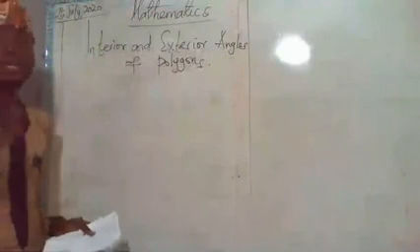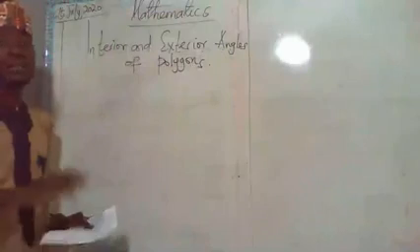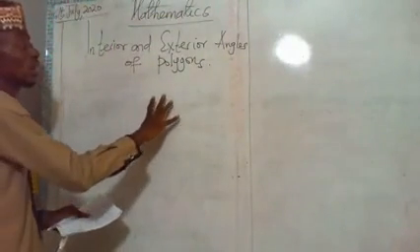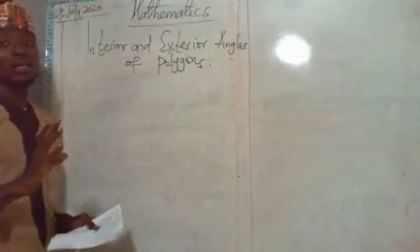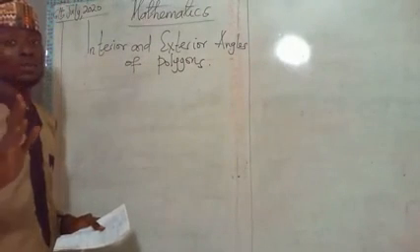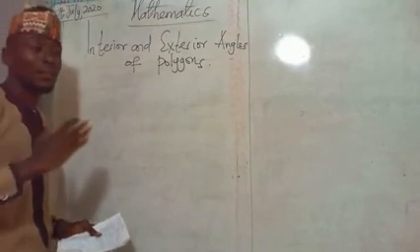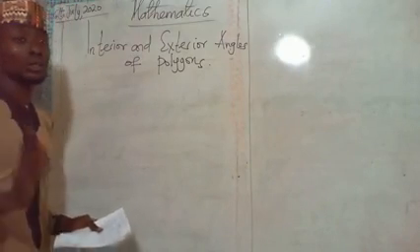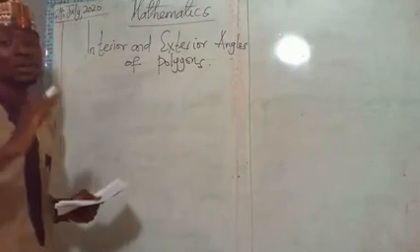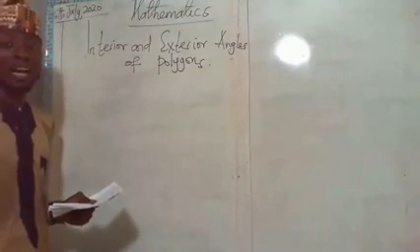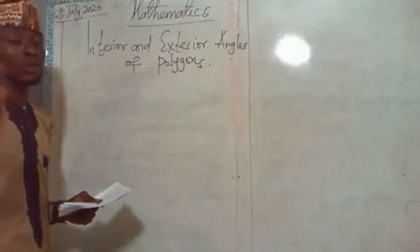Before now I told you what polygons are. Polygons are shapes that have from 3 sides upward. They have sides of 3, 4, 5 upward.